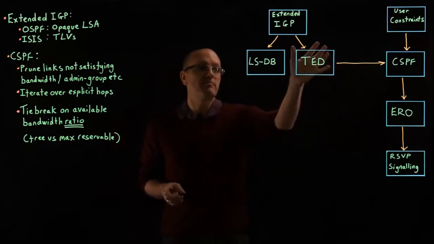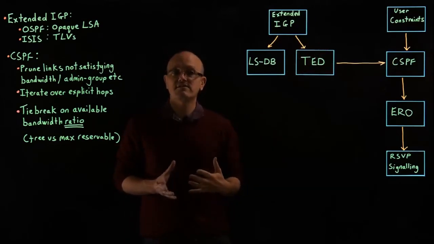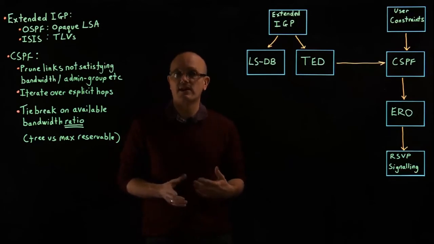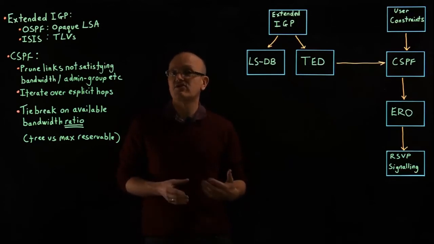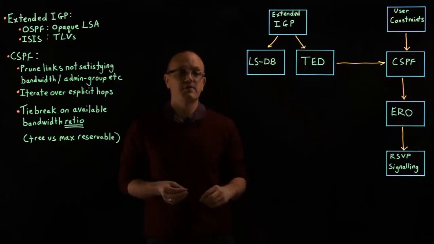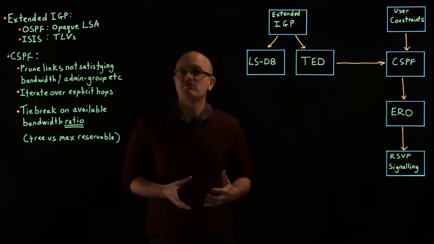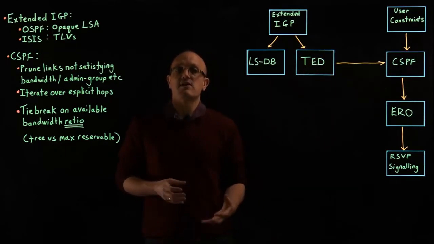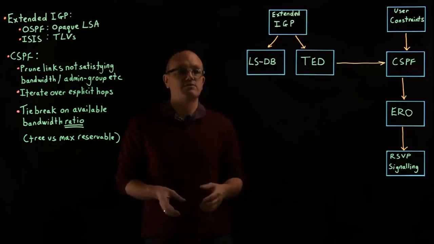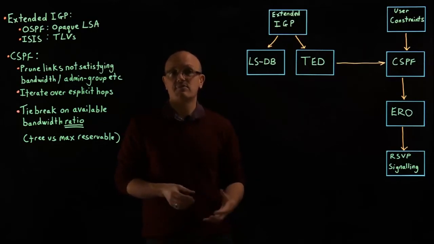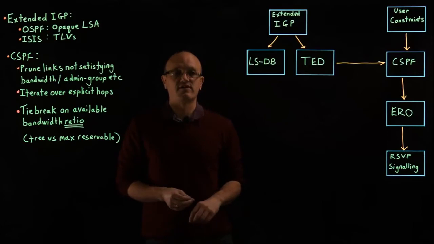However, it's also populating this database with things like the available bandwidth on links, whether links share fate at layer 1 and layer 2, and the admin group or link affinity, so that the locally applied label to links that give them local significance within an organization.